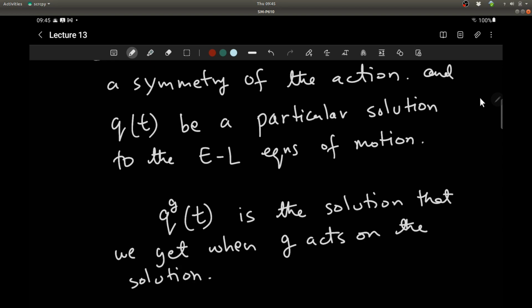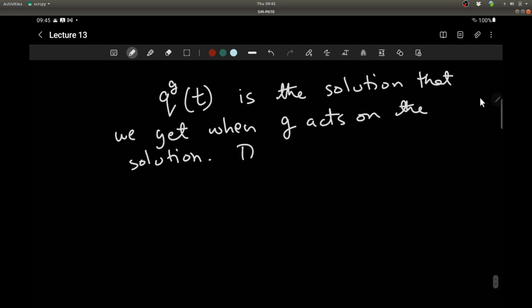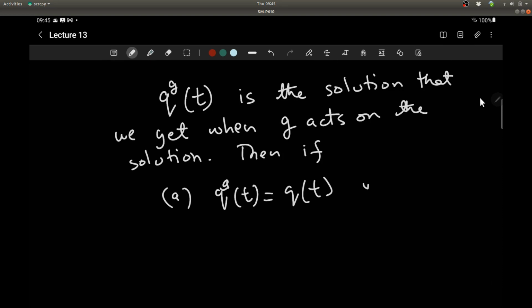Then if Qg of t equals Q of t, we say that G is unbroken, or a symmetry of the solution.